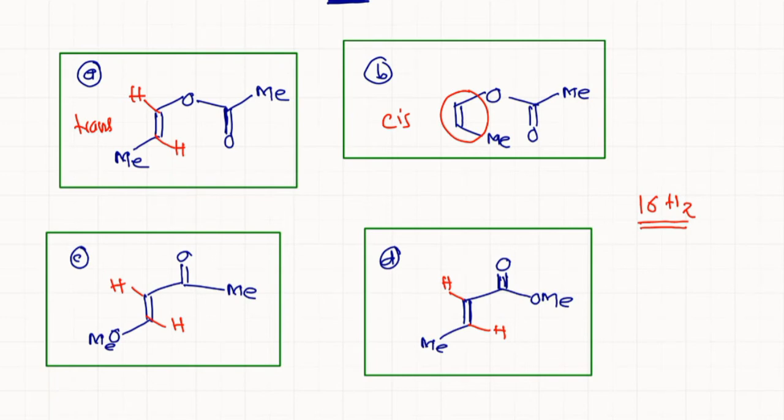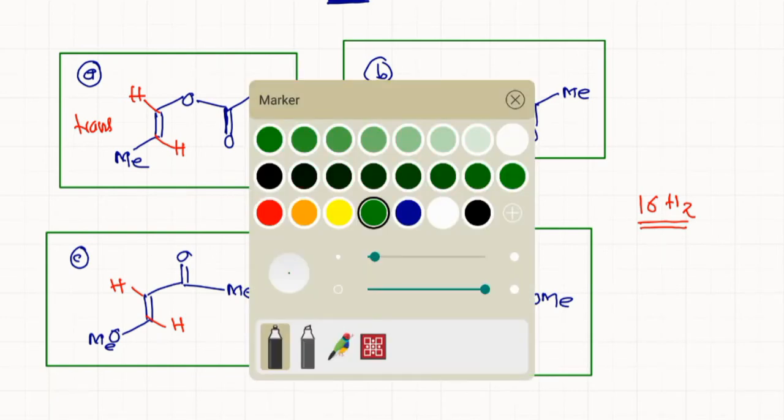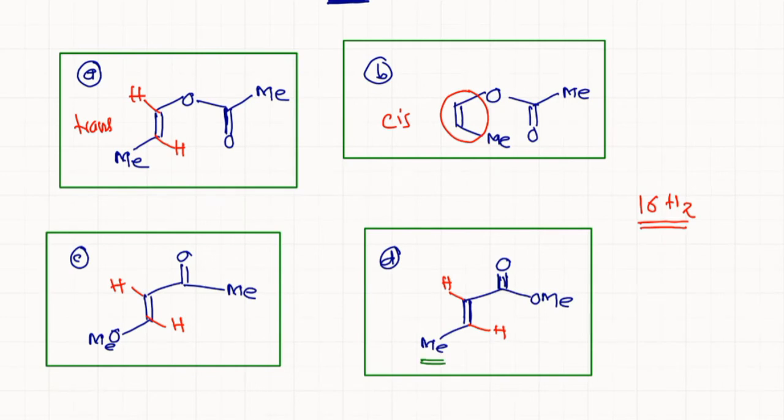Okay, so we will look at another signal. In that case, if we see, this methyl group is directly attached to the olefin, and this methyl is also attached to the olefinic system. That means this hydrogen can be coupled with the methyl group, so it should be a multiplet. Here also the same chemistry is there, again it will show the multiplet, but in that case no multiplet will occur.